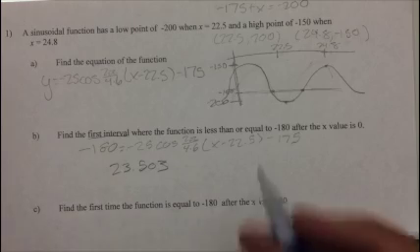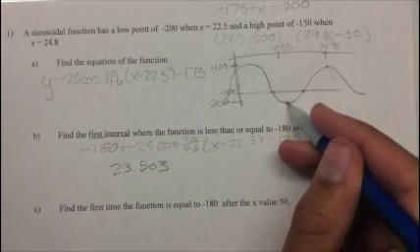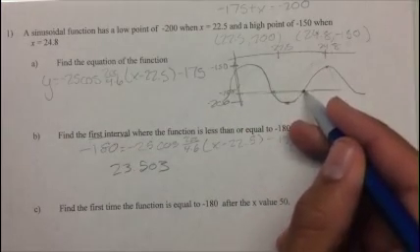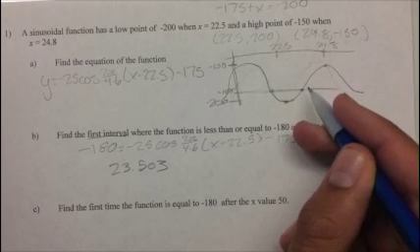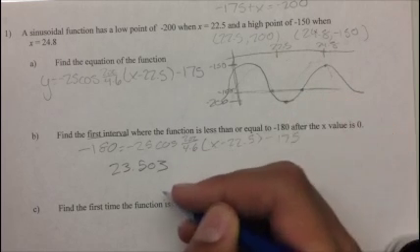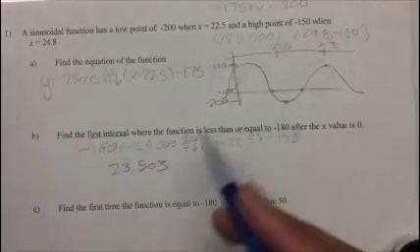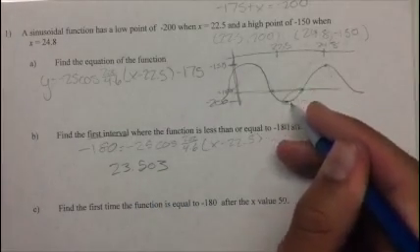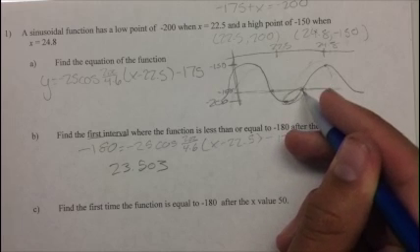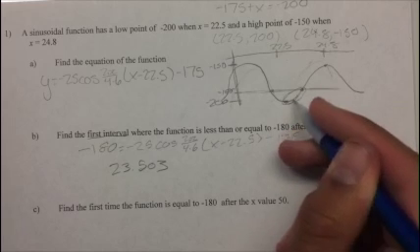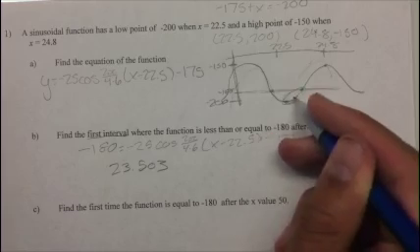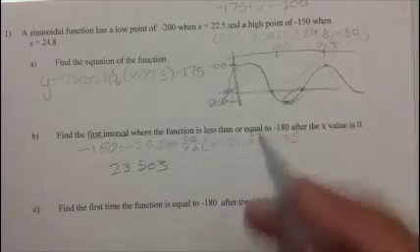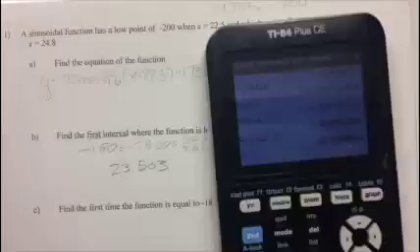How we're going to do that is we're going to take 22.5, because we know this is 22.5, and this, which is 23.503, and we're going to subtract 22.5 from 23.503. That will give us this distance right here. After that, we're going to multiply this number by 2, because this distance and this distance must be the same. Let's calculate it on the calculator.